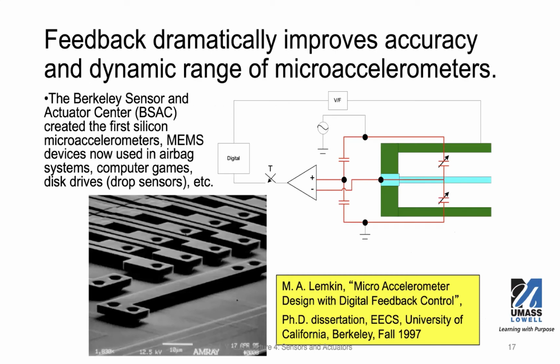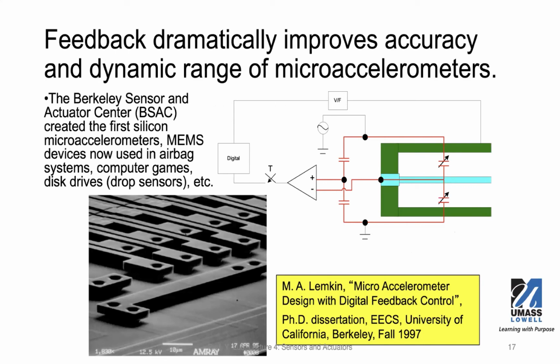So to resolve these issues, in 1997 there was one PhD dissertation specifically on how to improve the accuracy of these micro accelerometers. And the design is called digital feedback control.